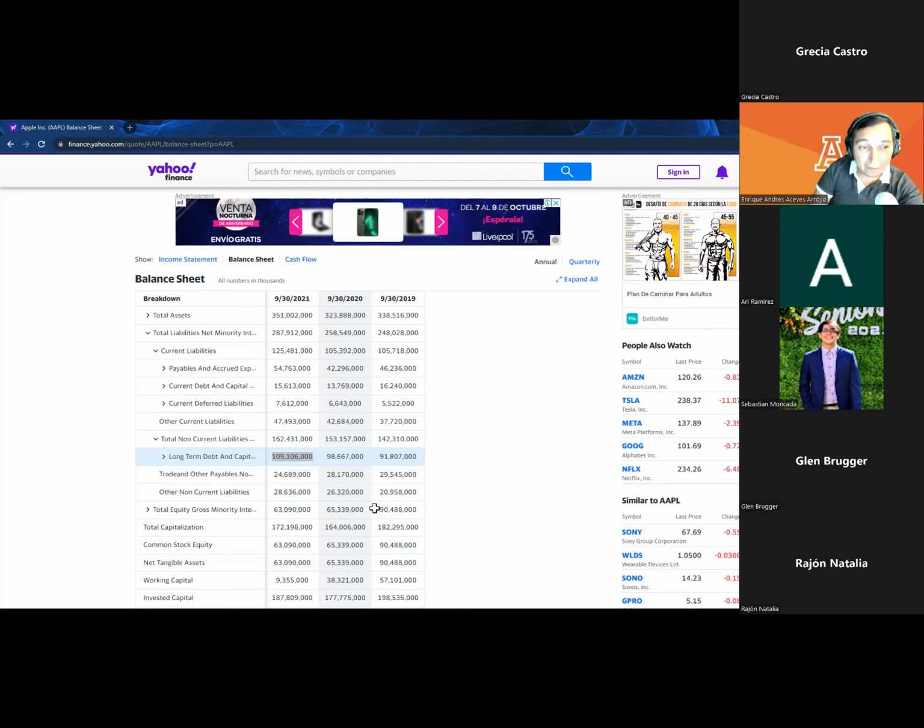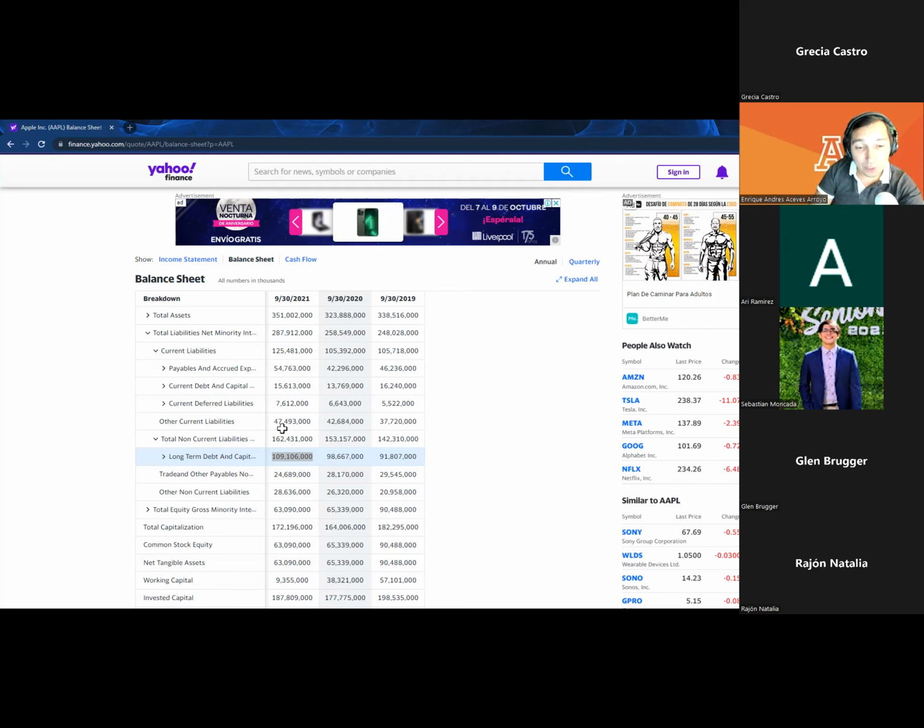We are considering that the average interest rate for Apple is currently 2.23%, but that's before taxes, guys. Interest is tax deductible. That means that the 2.23% is actually not real because you are not including the tax deduction effect. Okay.